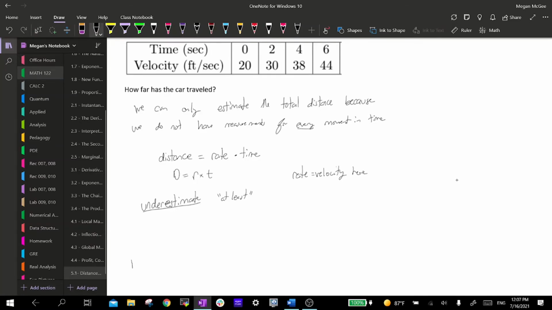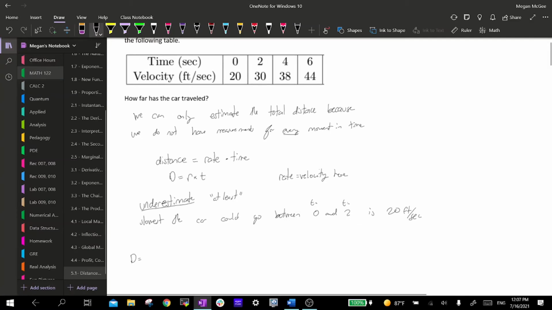So I'll bring this down here. So the slowest the car could go between 0 and 2 is 20 feet per second. Alright?